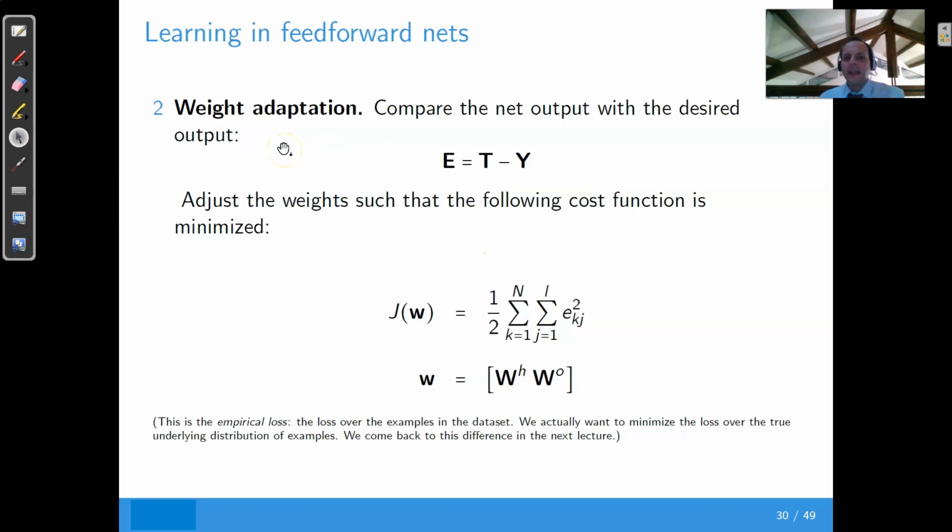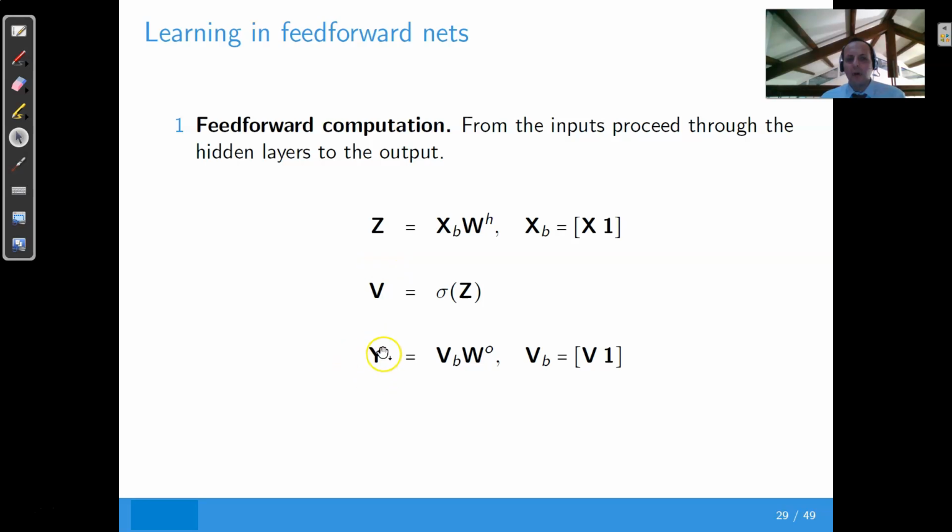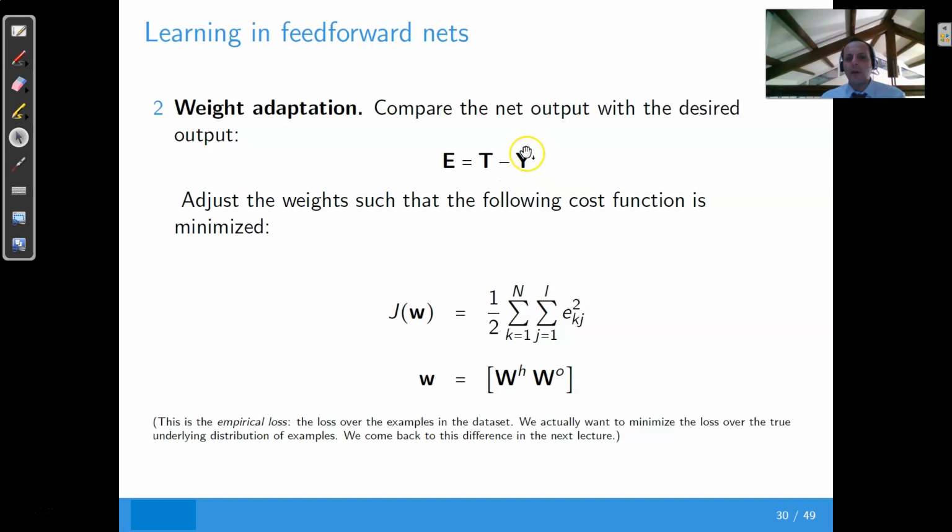Then we have the weight adaptation. When we have the output y at the output, we can compute a difference. So we compare the output of the network with respect to the target. This is the objective of what we call supervised learning.